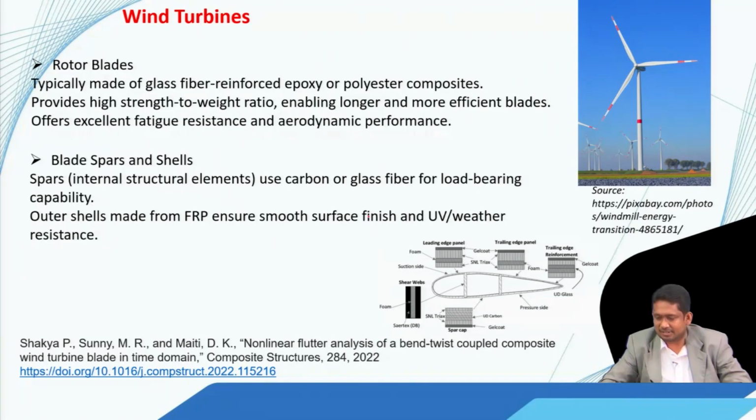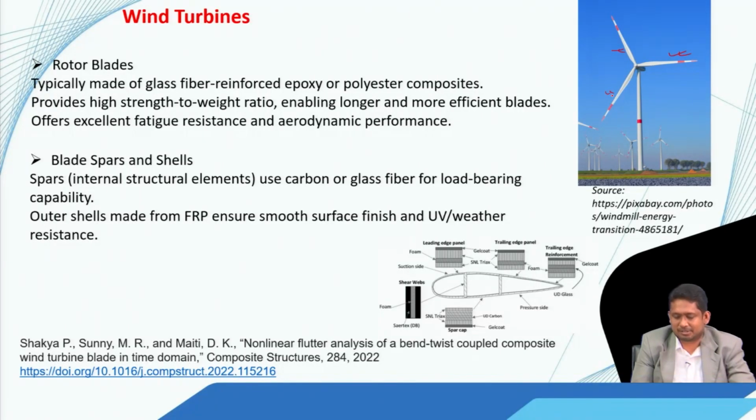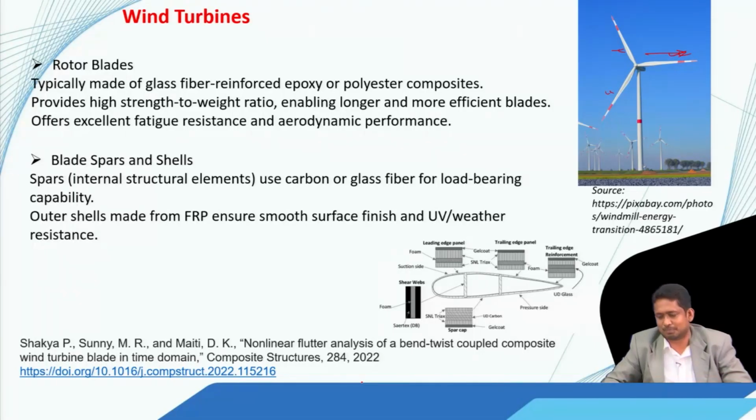Wind turbines have very large applications of composites. The main component where composite is used is the rotor blades. We can see 3 blades here, and these blades have very complex shapes. First of all, by cross section they are airfoils, and the airfoil property also changes across the span, and not only that, these are pre-twisted also.